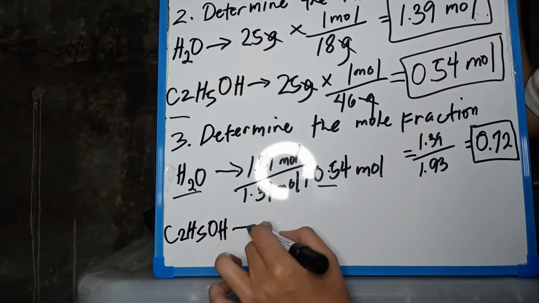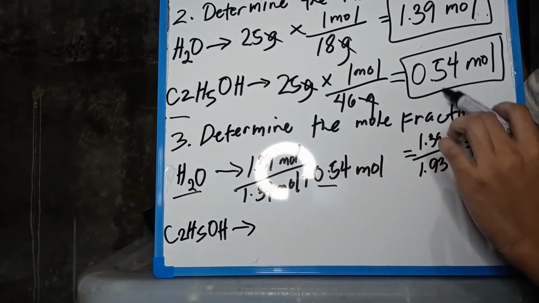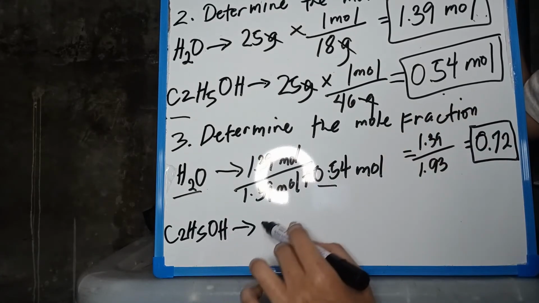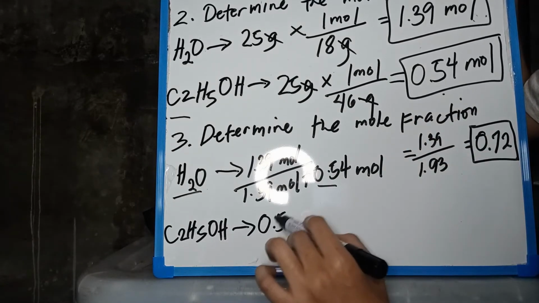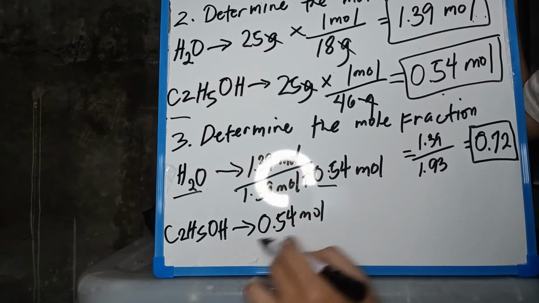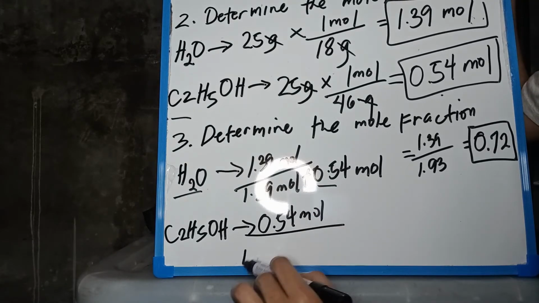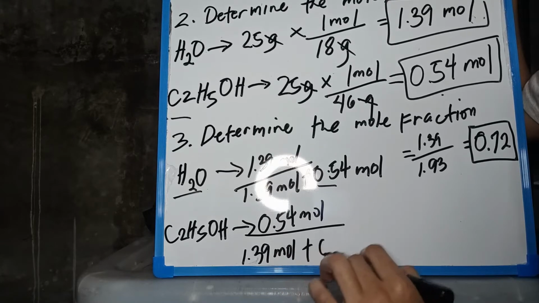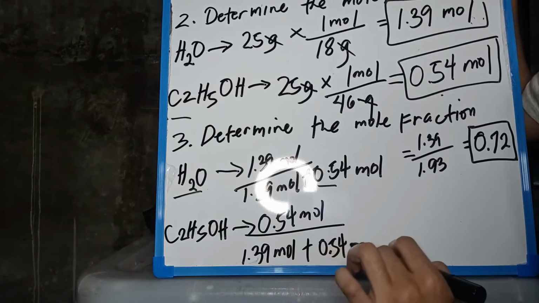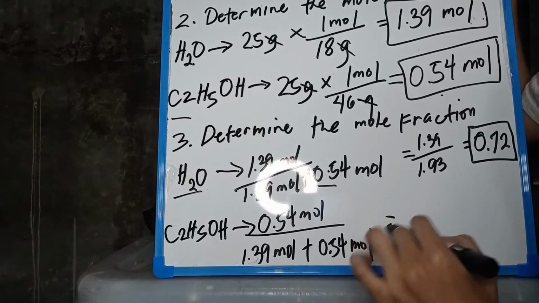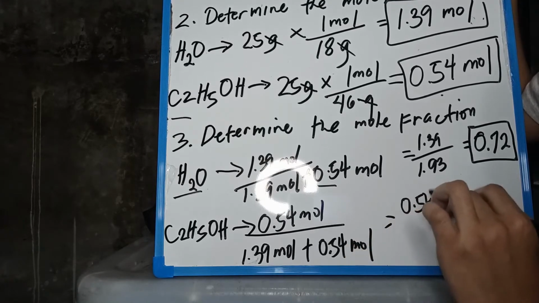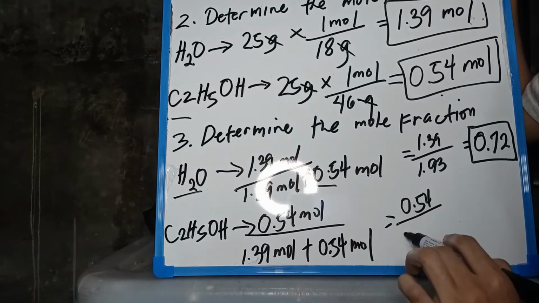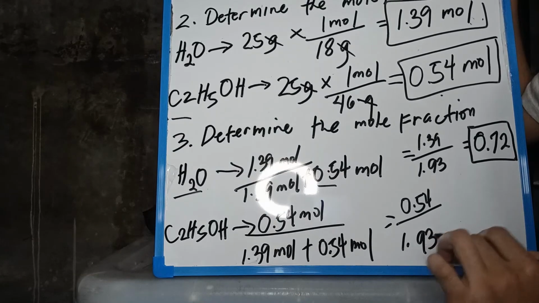C2H5OH. So, first, we're going to write the mole of the ethanol. So, 0.54 mole over 1.39 mole plus 0.54 mole. So, 0.54 over 1.93.